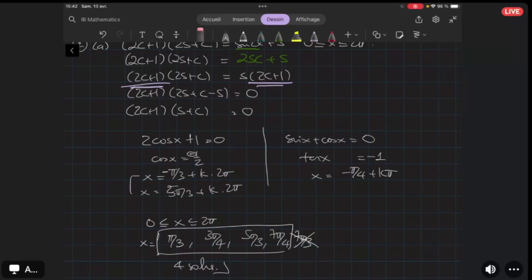Hold up. Wait, no. Cos is negative a half. Hold on, why am I having a brain fart right now? All right, 2 pi over 3, or 4 pi over 3.